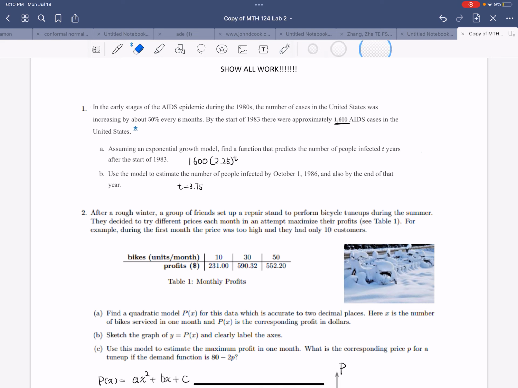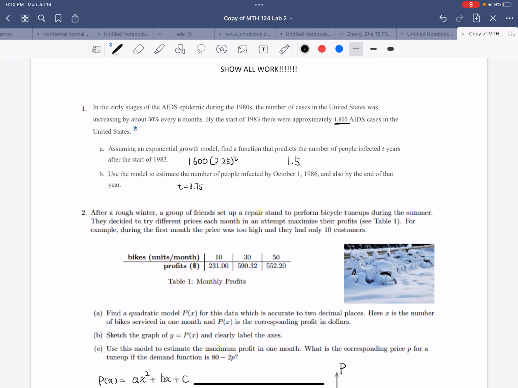It says find a function that predicts the number of people infected by years. But here in the question it gives 6 months, so it's half a year. A 50% increase means the total amount is 1.5.